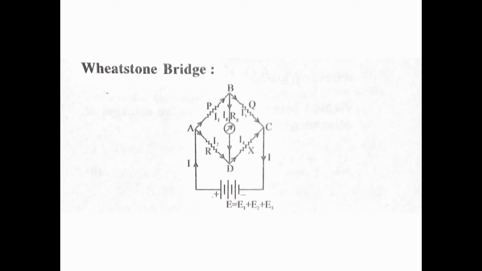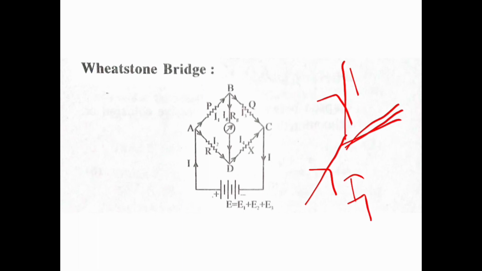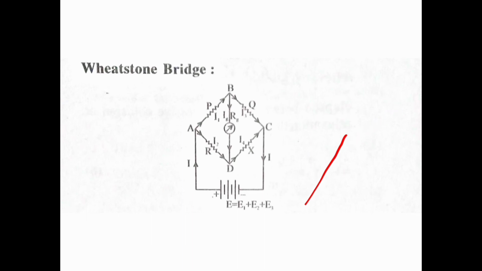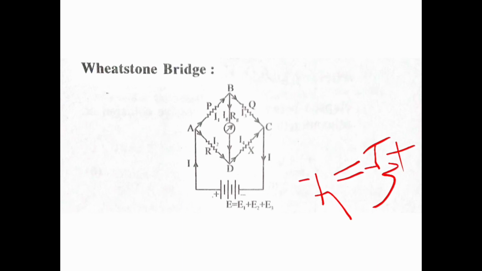This is I1, this is I3, and this is IG. So first, applying Kirchhoff's first law, we can write I1 is equal to I3 plus IG.